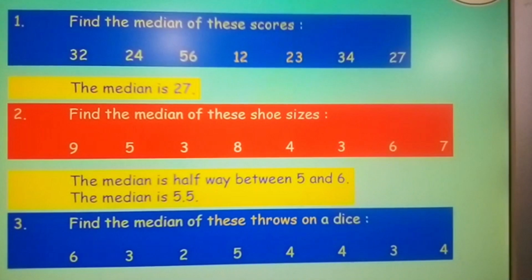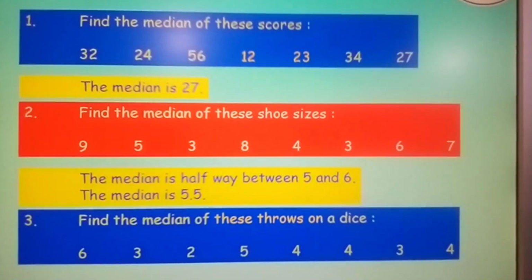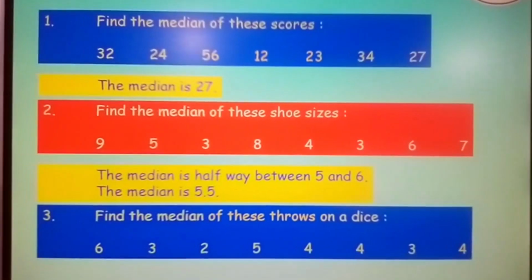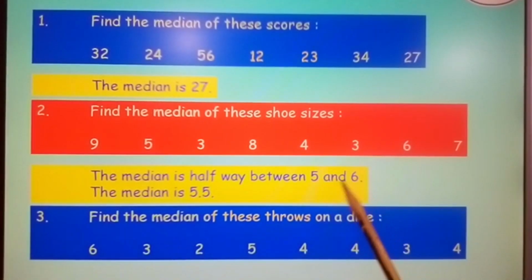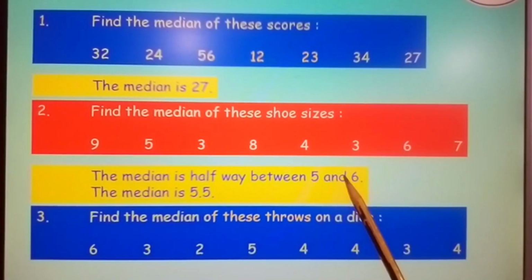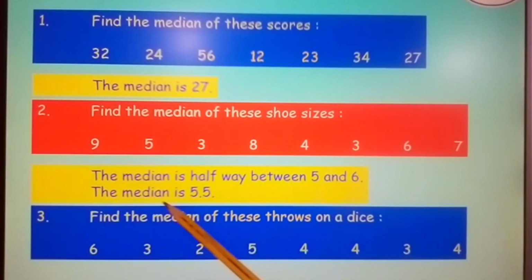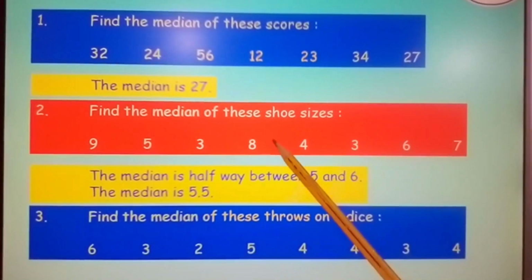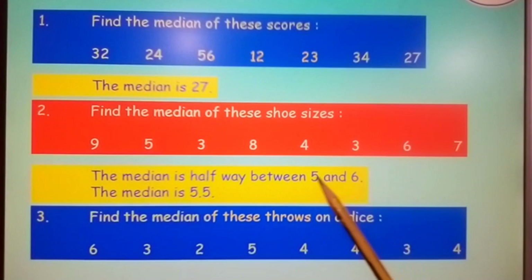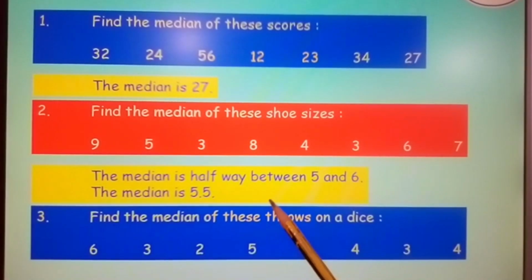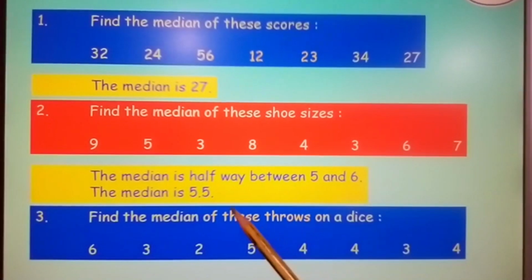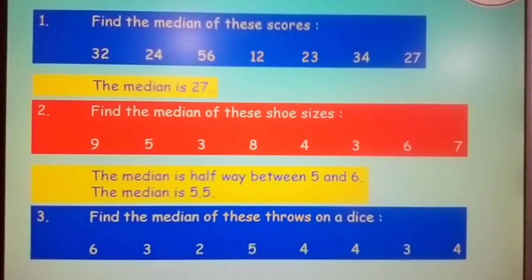So if the median is halfway between 5 and 6, you can add the 6 and 5 together, which will give you 11. Half of 11 is 5.5. If you divide 11 by 2, it gives you 5.5.